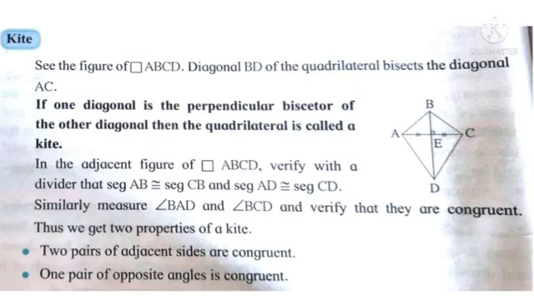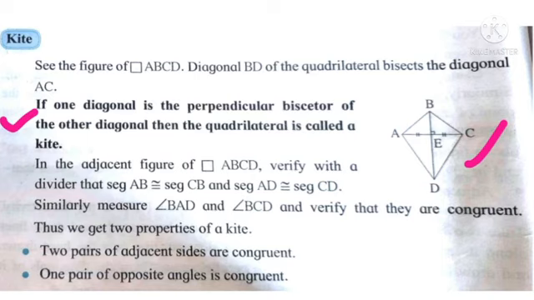And students, last type is kite. You already know the shape of a kite. This is the figure of kite. Quadrilateral ABCD is a kite. What is the definition? See, if one diagonal is the perpendicular bisector of the other diagonal, then the quadrilateral is called a kite.